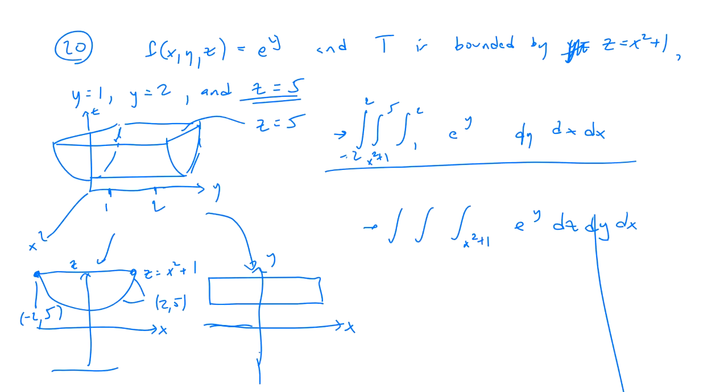And the top is, again, 5. And then y goes from 1 to 2, and x goes from -2 to 2. So we just reverse the order of the integrals, which in general you can't do, but sometimes like this, where we get rectangles involved, it does work.